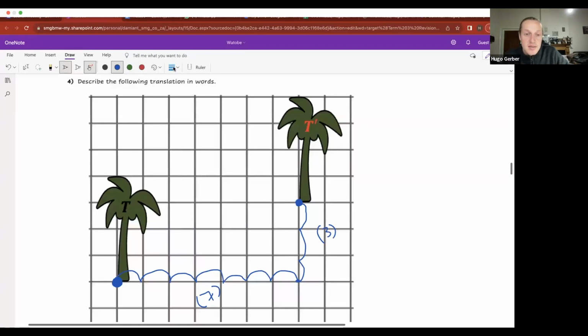We can say that we went 7 to the right and 3 up.